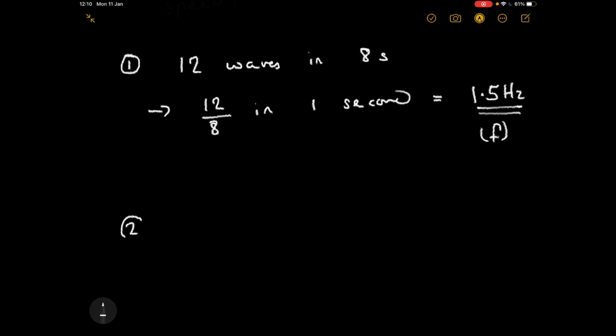And then we can say, right, part 2, what can we get for the wave speed? Frequency times wavelength.